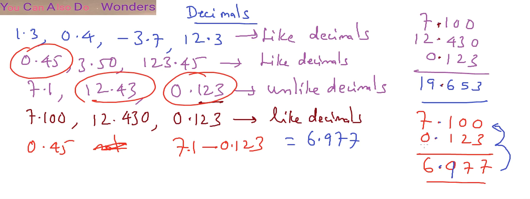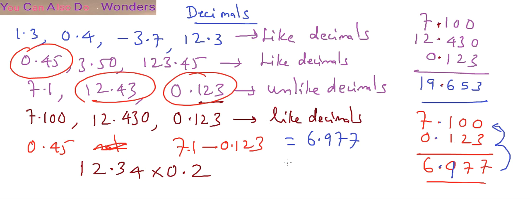Now let's see how to multiply two decimal numbers. This is also easy. Let's multiply 12.34 by 0.2. It's very simple.